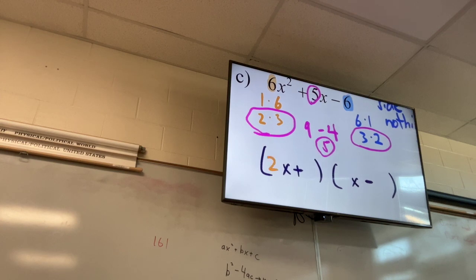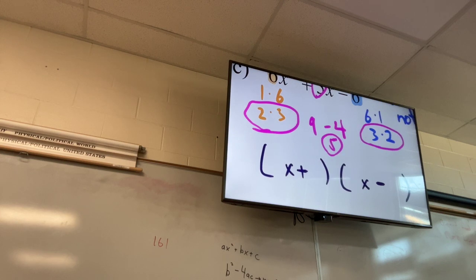So write 2. Wait, no. So the 3 right here is an inner number, right? So the 3 has to be on the inside, so put it right here. This other 3 right here has to be on the inside, so put it right there. The blue numbers have to be here.